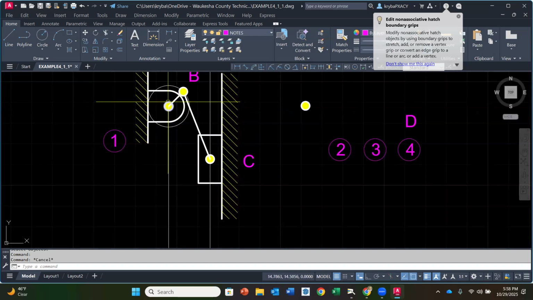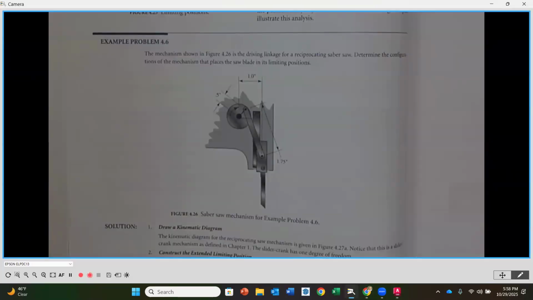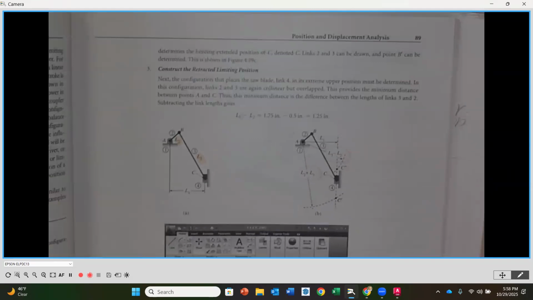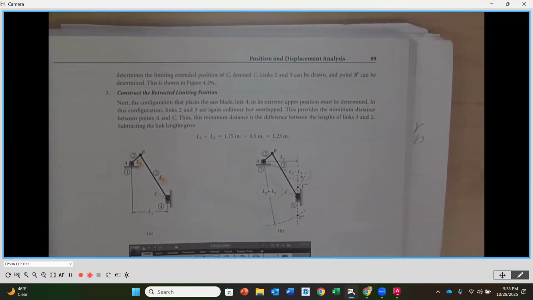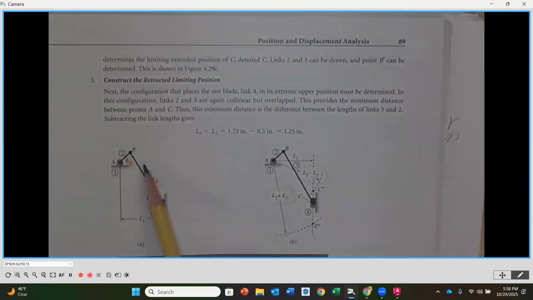So to find out where that's going to be, we're simply going to add the length of link number 2 and link number 3. Okay, link number 2 is going to be my crank, 3 is going to be my connecting rod. If we go underneath our camera and we look over on page 89, okay, so what we drew right now is just the overall kinematic diagram.